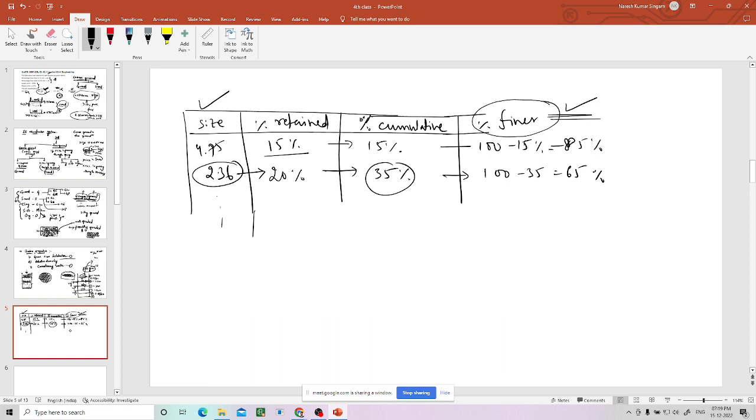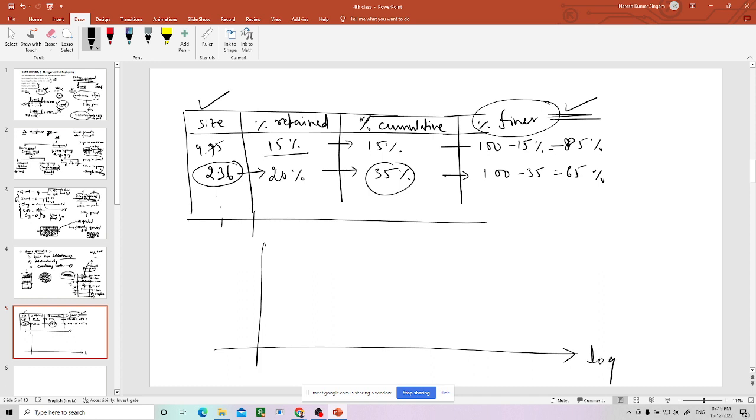That grain size distribution curve is drawn on a log graph, a semi log graph, where one axis is log and the other is normal.